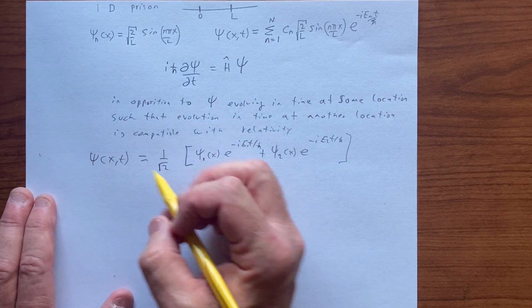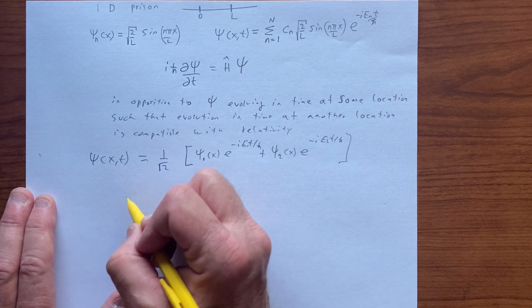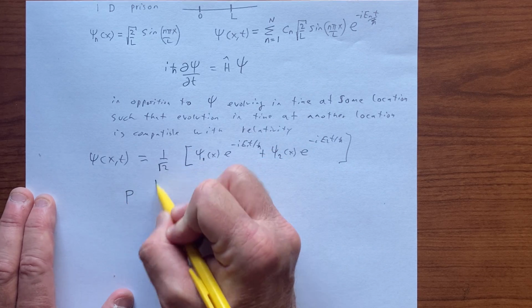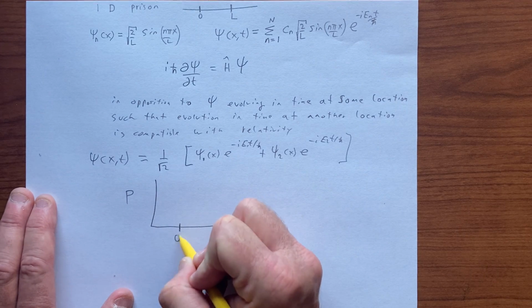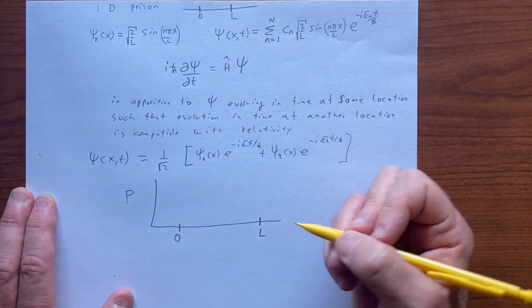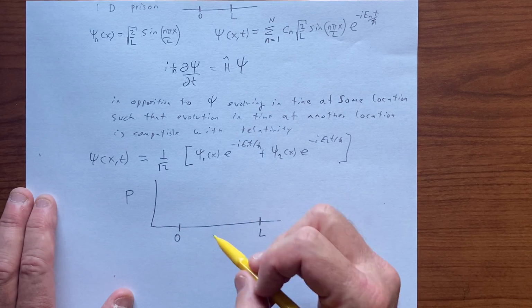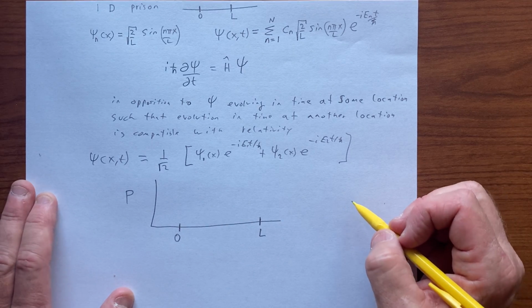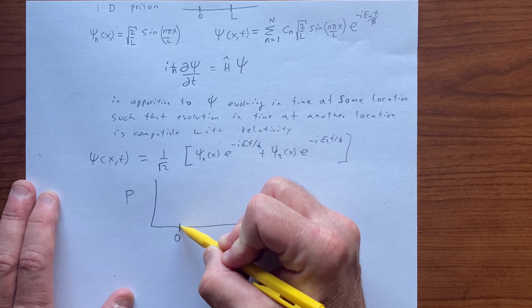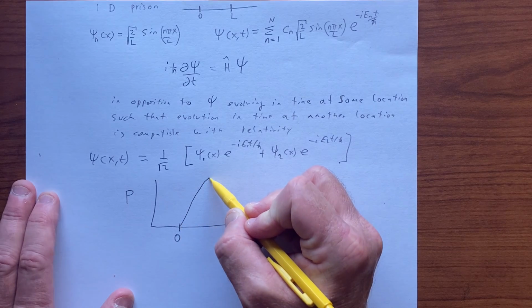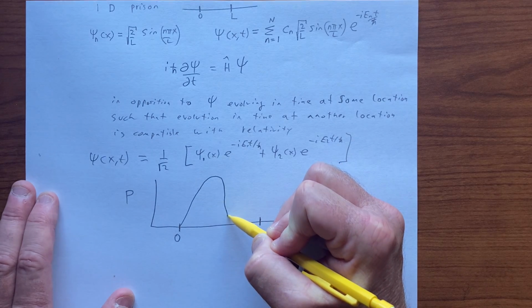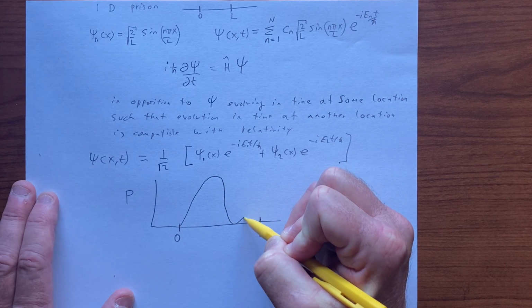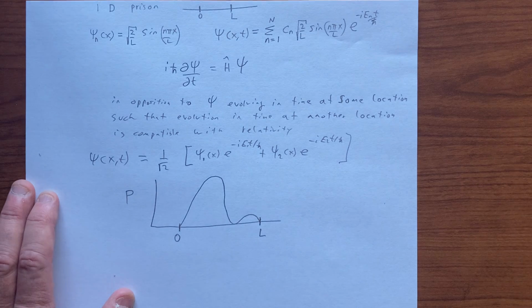And we constructed a probability density, P, and we drew it. So this is 0 and this is L. And at t equals 0, we found that function to be something that was like this. And then it came down like this, went up and then came down like that.